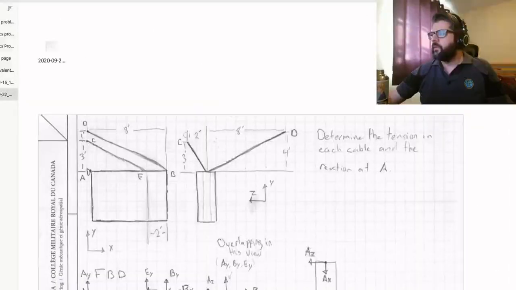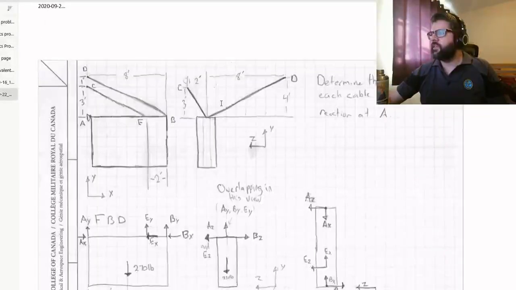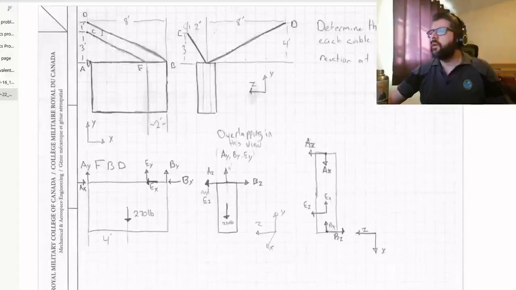So what I'm going to do is, first off, redraw this sucker. I redrew the diagram itself in what I'm defining here as the XY plane and the YZ plane.